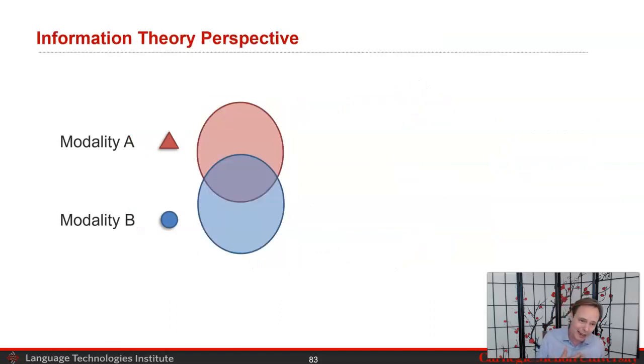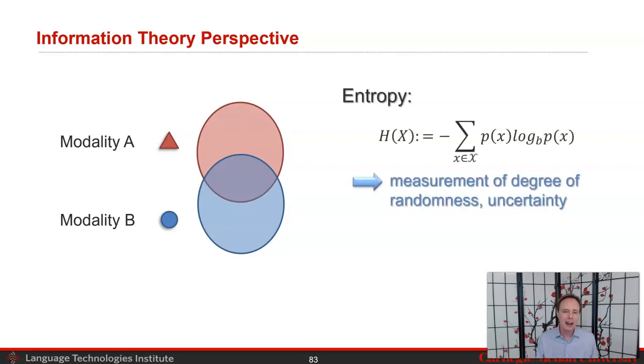But personally, when I start looking at these fission approaches, I think it's really good to look at it from an information theory perspective. And remember the concept of entropy. If you have a variable, entropy measures the degree of randomness and uncertainty, how it varies.